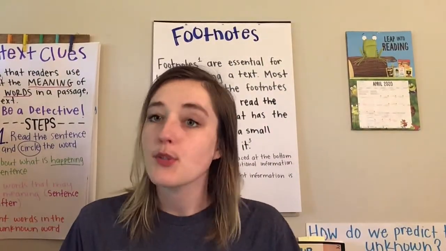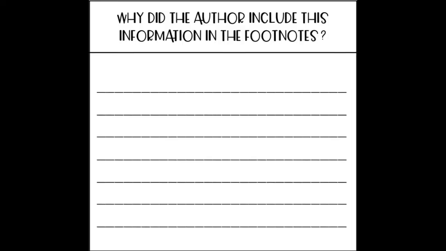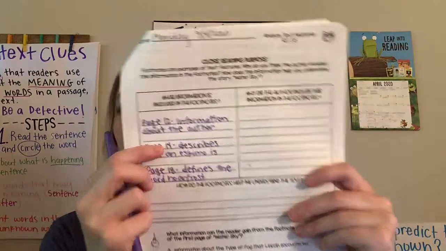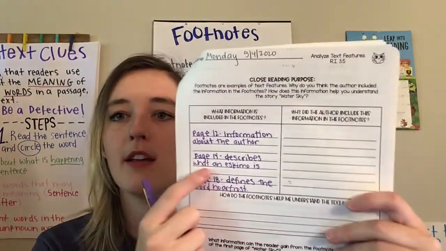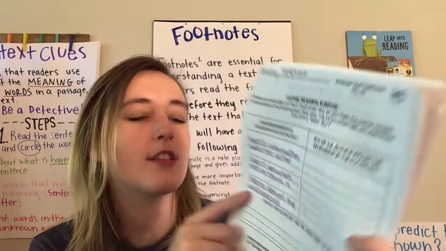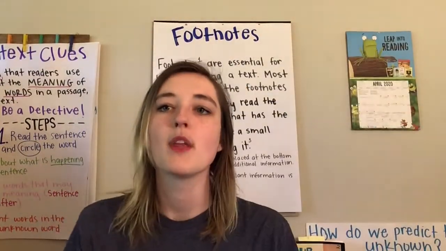Okay, so the next question in our graphic organizer says, why did the author include this information in the footnotes? So why did the author include information about the author? Why did the author describe what an Eskimo is? And why did the author define what the word hoarfrost is?